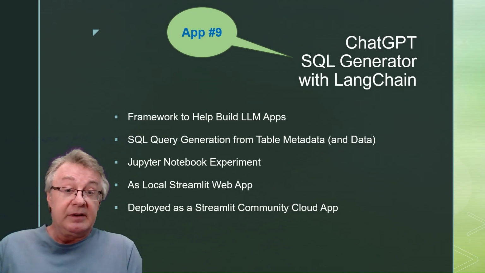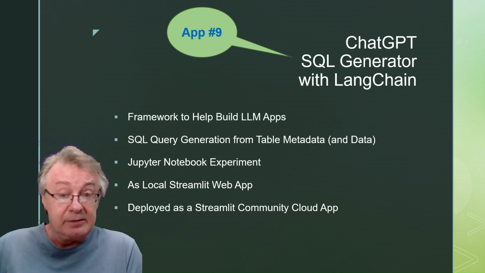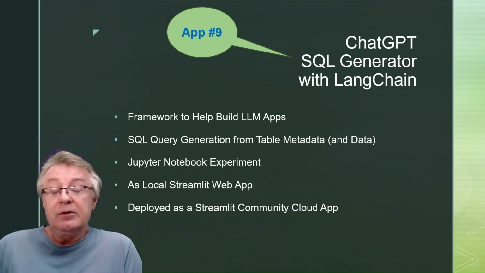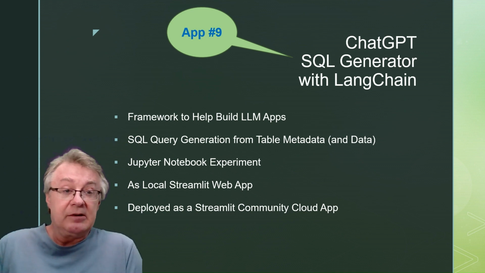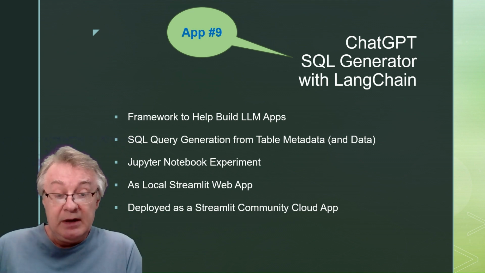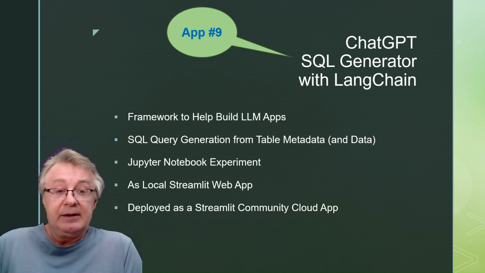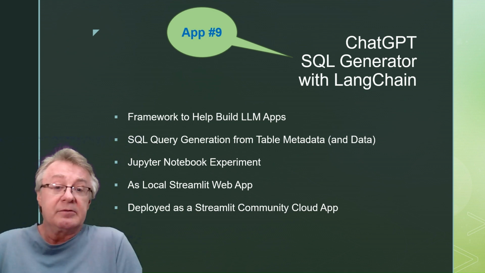Another impressive framework that helps us build LLM apps is called LangChain. In particular, I use here the facility of LangChain to generate SQL queries. We've seen before that we can pass to ChatGPT manually or programmatically some table metadata, and ChatGPT will be able to generate queries.